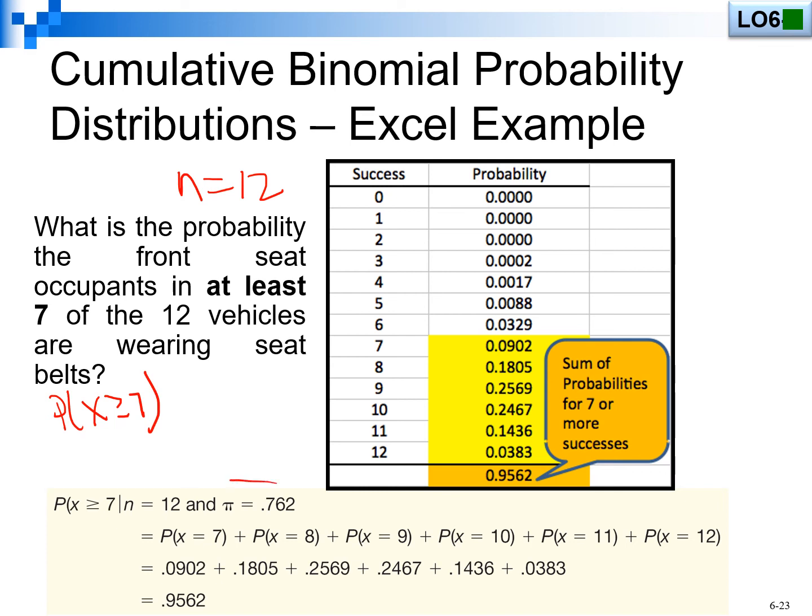Now, you couldn't look this exact p up because your textbook's not going to give you 0.762, but let's say you had a constant probability. You'd go back, find n is equal to 12, find the probability of the constant. It's going to give you all the successes, but the cumulative nature is if it's 7 through 12, you'd have to go to the table and find these numbers and then add up all of these probabilities. That would give you 7 through 12. So again, you'll see that on some of the illustrations I have coming up on some other slides.